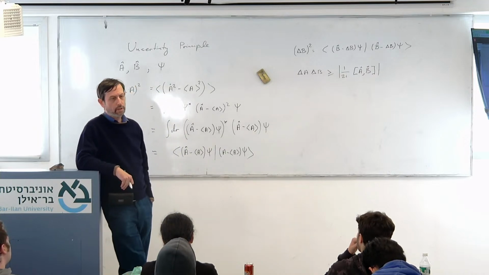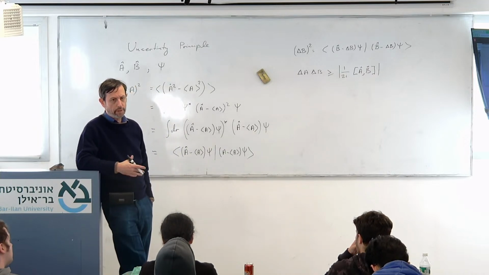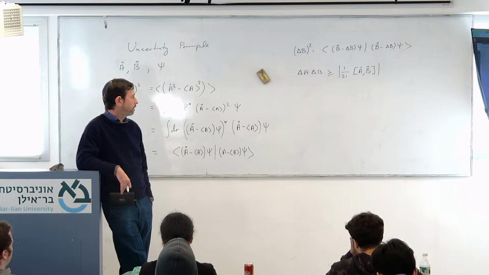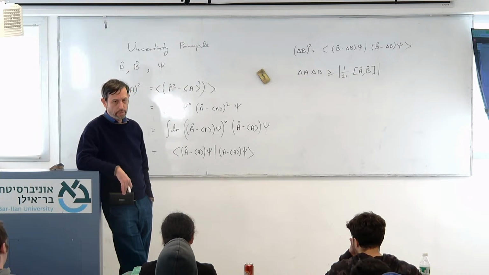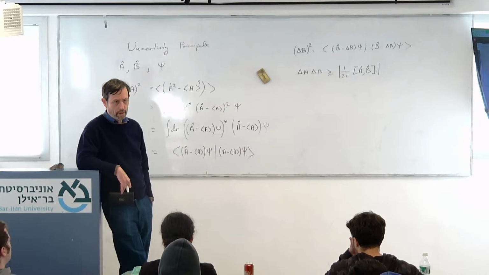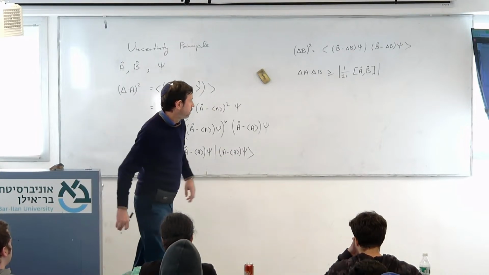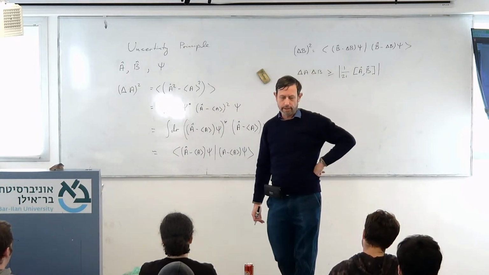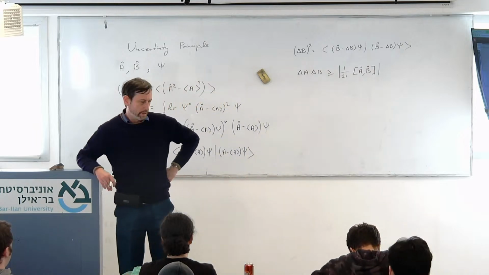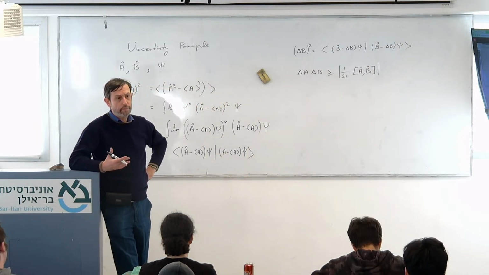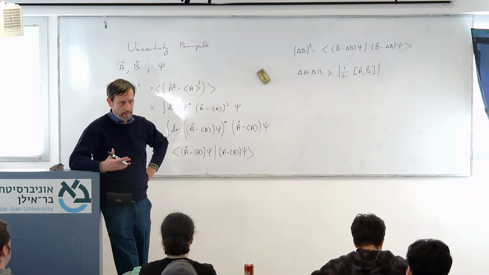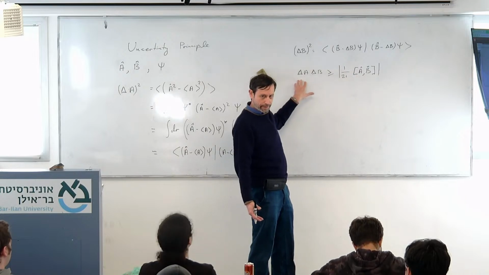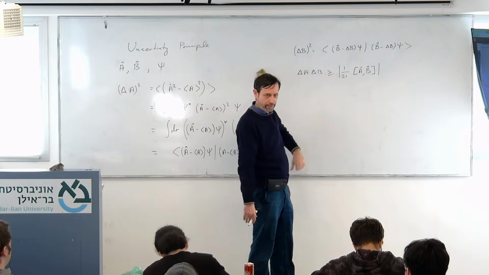Okay, so the variance of A times the variance of B is larger than the commutation relation between them, up to 1 over 2i. I'm a bit loose here in the way I present it, because that's for a given psi. This gives me an operator, this is a number. Meaning, of course, it is for a given psi.